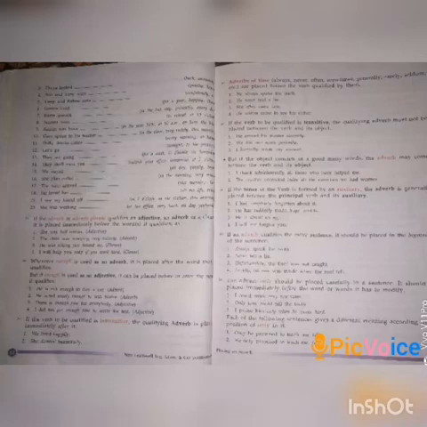Whenever enough is used as an adverb, it is placed after the word it qualifies. But if enough is used as an adjective, it can be placed before or after the noun. He is rich enough to buy a car, and he acted wisely enough to win praise.